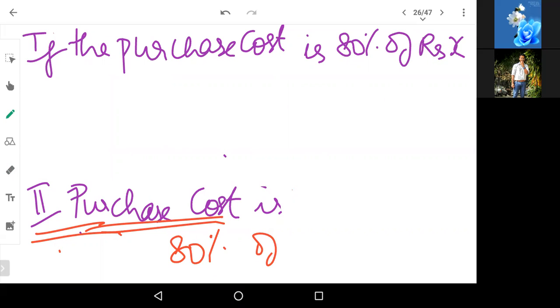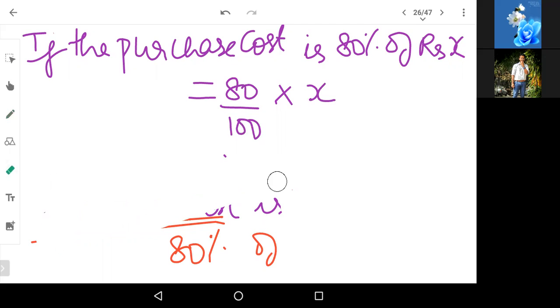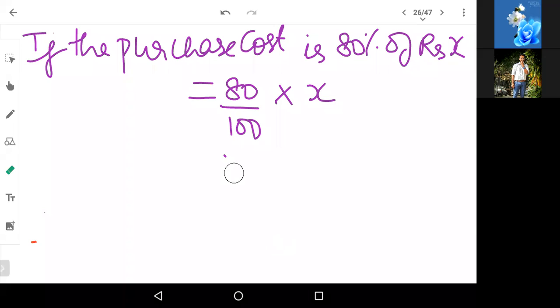So 80% of that purchase cost I am considering, which means 80 by 100 into X. So 80 by 100, what is the number you get? 80 by 100 is 0.8, so 0.8x.